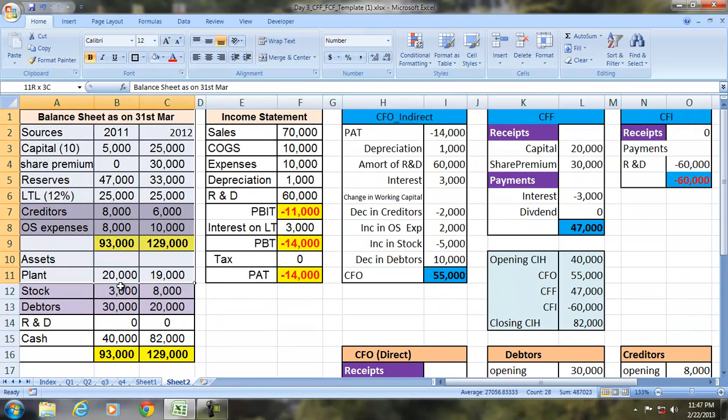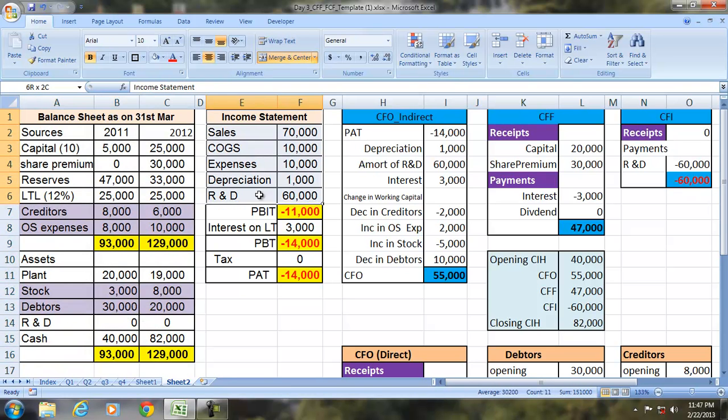So therefore, when the opening balance sheet and closing balance sheet are given, and an income statement is given, it is possible to prepare the cash flow statement by finding the cash from operation by using the direct method or the indirect method. Thank you.